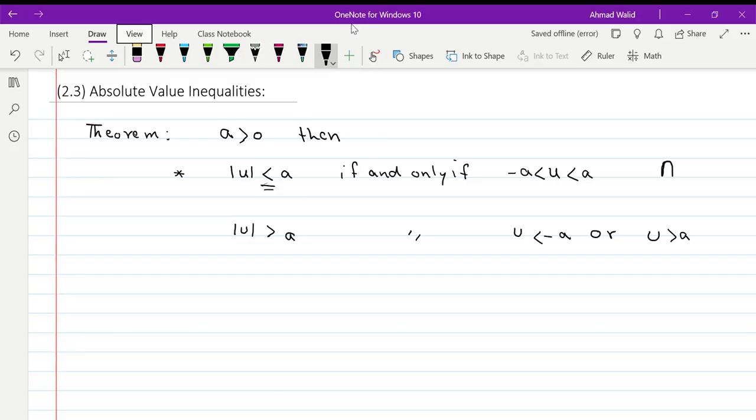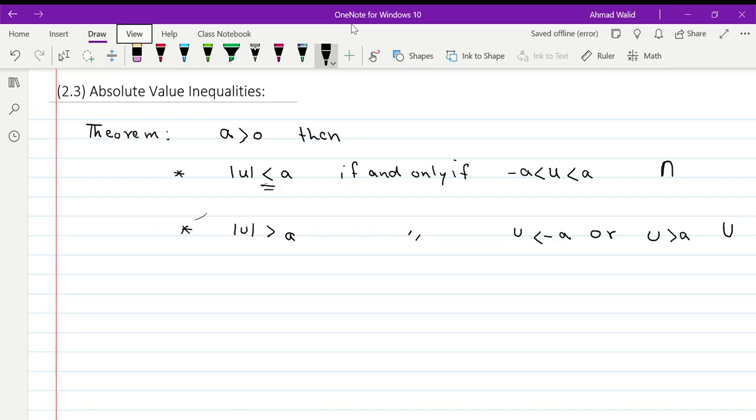The intersection is this sign, like a U in the opposite way. And if the problem is given as greater than a number, you always look for the union. It means your graph will have two parts, correct? You have to look for the union of them.